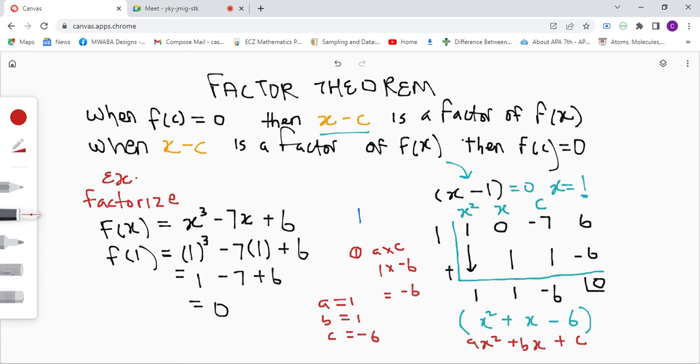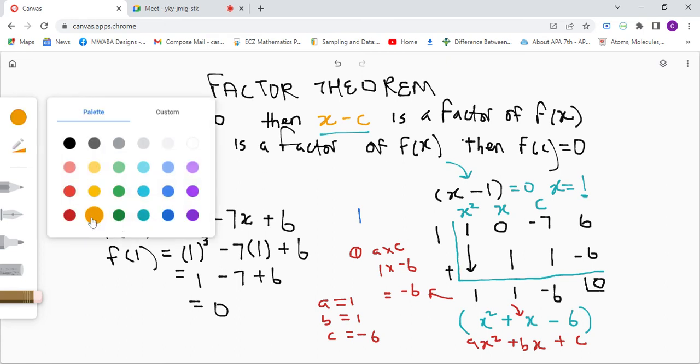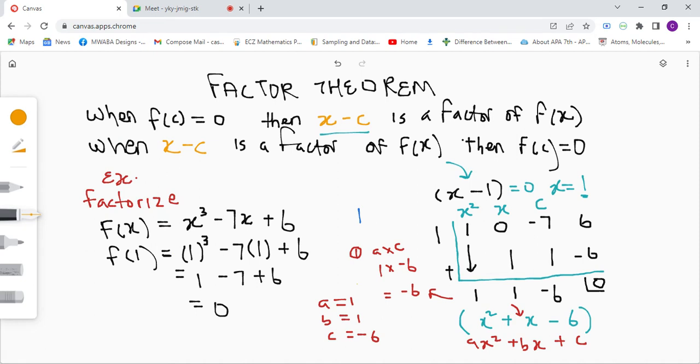Now, we have to find two factors that when we add them, they give us 1, and when we multiply them, they give us negative 6, the product of a times c.